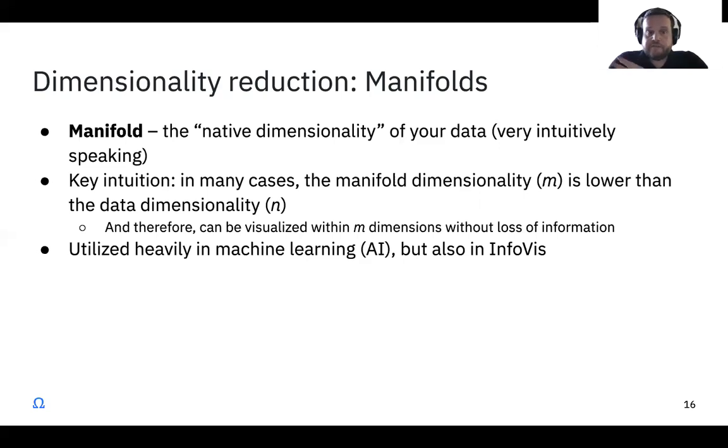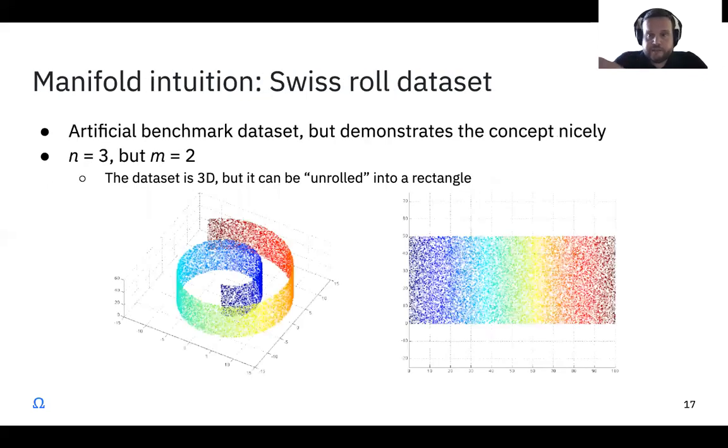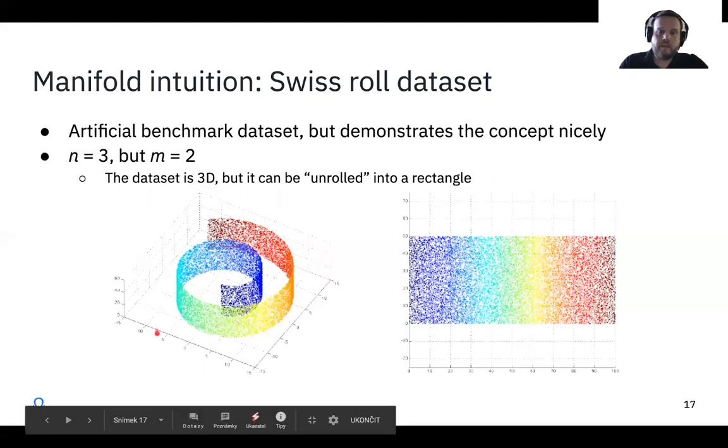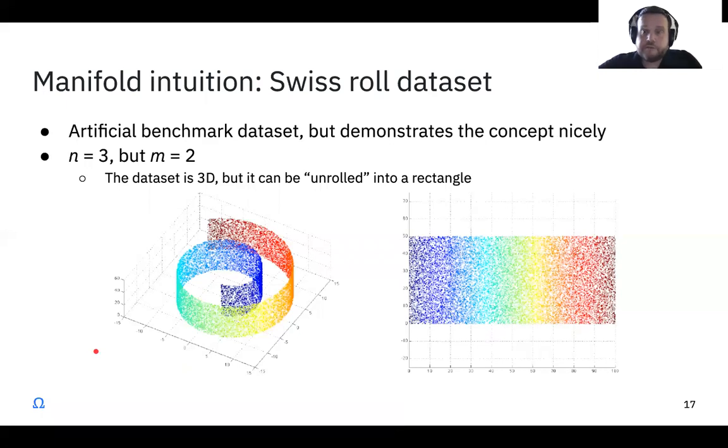The manifold theory is very heavily utilized in machine learning and artificial intelligence, but also in InfoVis. And it's best shown on an example, right? So what are manifolds? Here on the right, you see the Swiss roll data set. It's an artificial benchmark data set, which has been used mostly to judge the efficiency of dimensionality reduction methods.